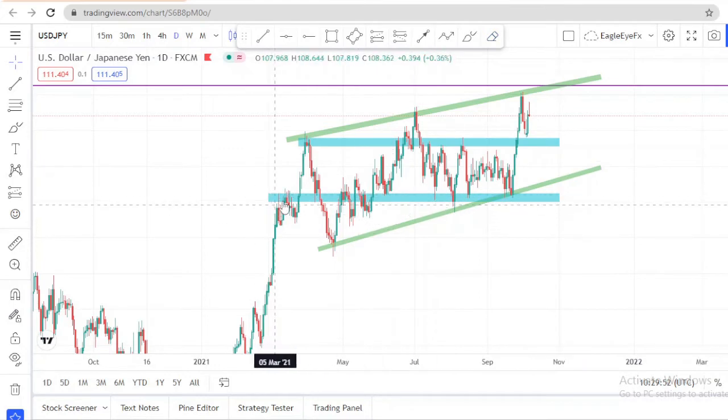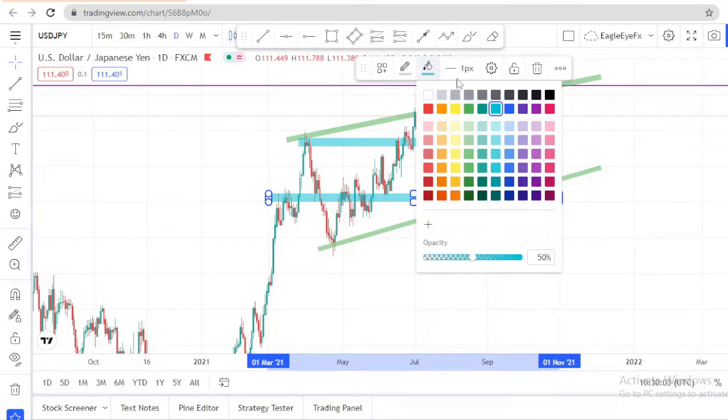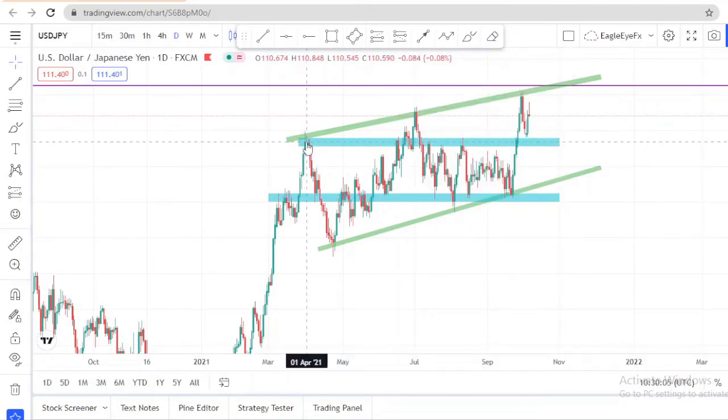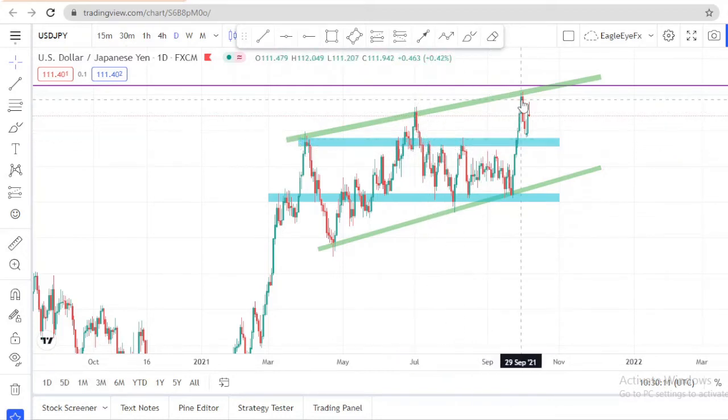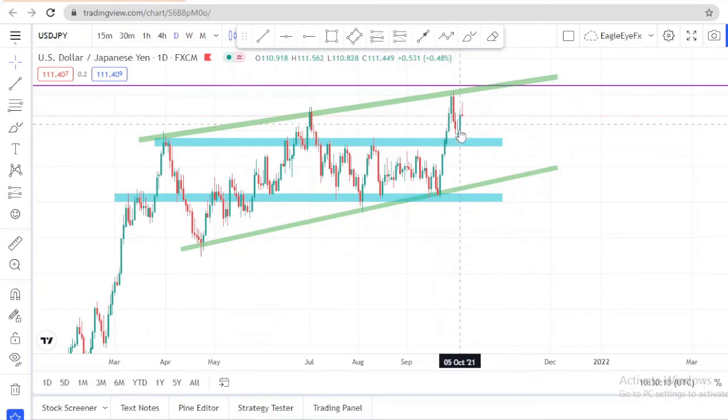Then another thing here, the reason why I've drawn this zone here is because you see resistance here and resistance here, then you see support. So I drew that trend line over there. Okay, and then over here also you see rejection, there's a break of the trend line, and then it comes back, rejection, then there's a break, and then the market came and found support, then went back again.